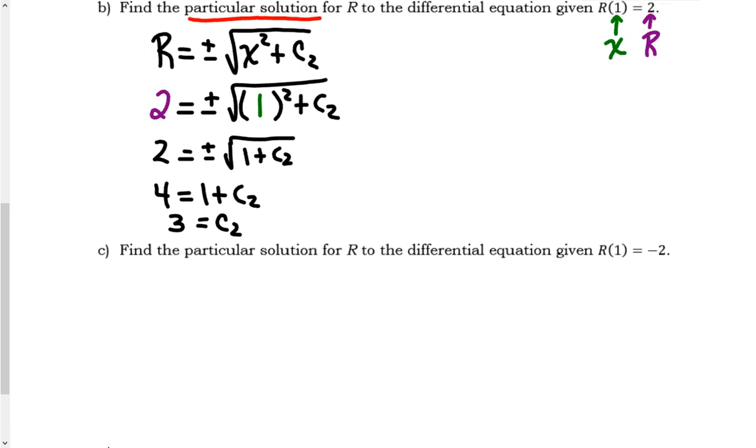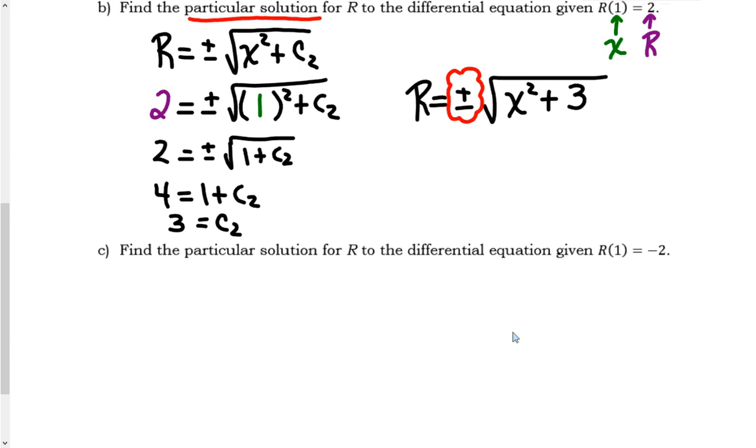Okay, so now I can go and write my equation. So I know what my c2 is. So r is the plus or minus square root of x squared plus 3. And I go, yay, I pat myself on the back, I did a great job. But wait a minute. I have this plus or minus here because technically in my general solution, this could be a positive thing or a negative thing.